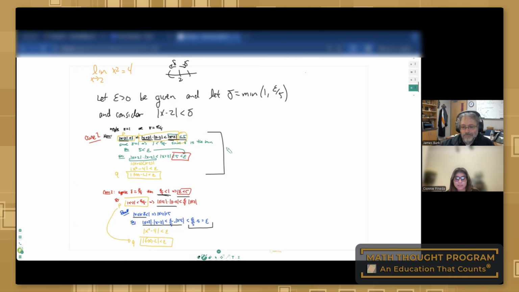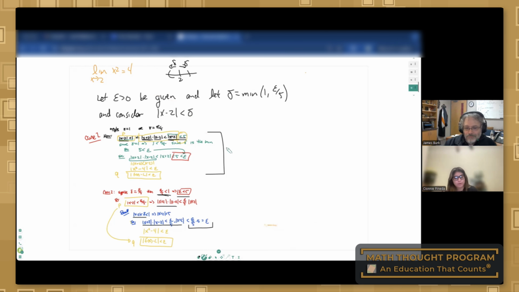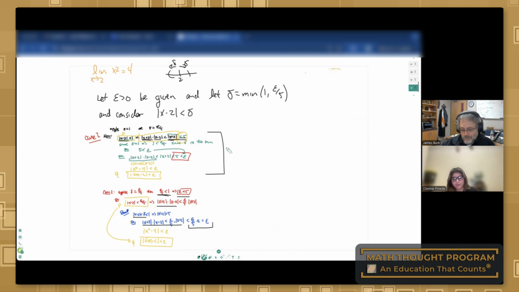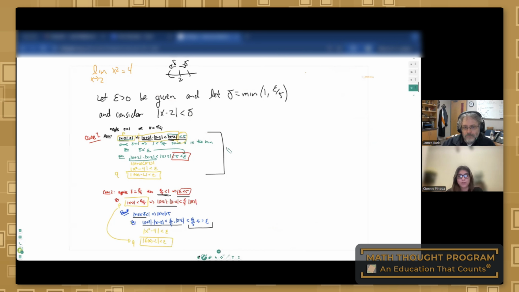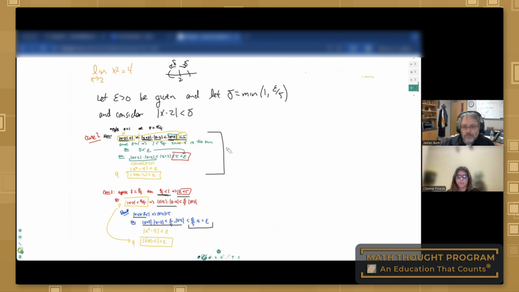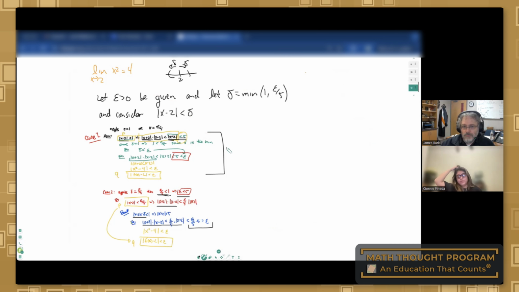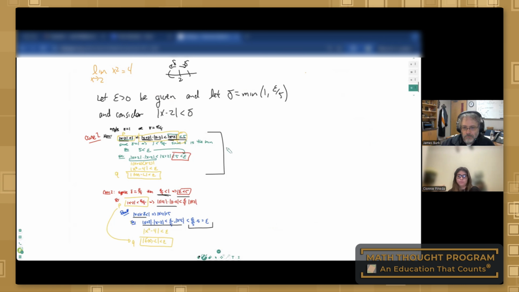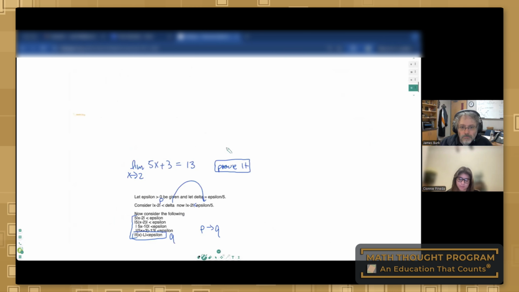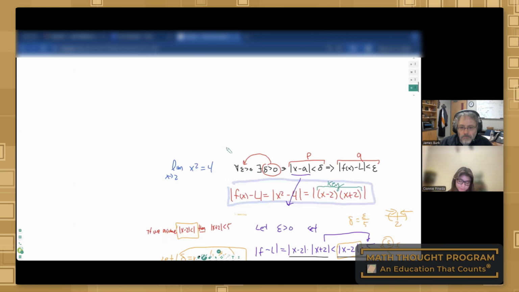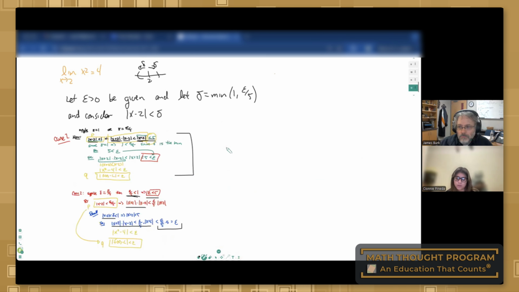And then manipulating that inequality, we know that that's the lower bound. But manipulating it to get to that other part of the bound, which is x plus 2, we find that the upper bound is 5. So if we assume that lower bound, then the upper bound also exists. And then if we let epsilon be greater than 0, we can set delta equal to epsilon over 5, which is the upper bound.